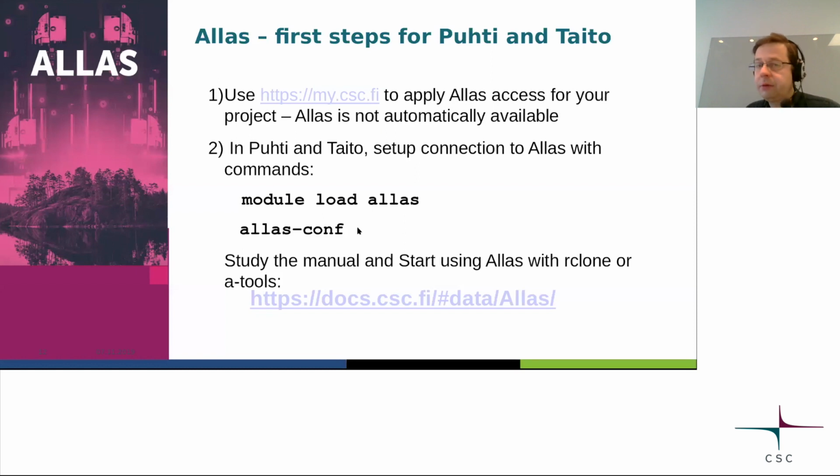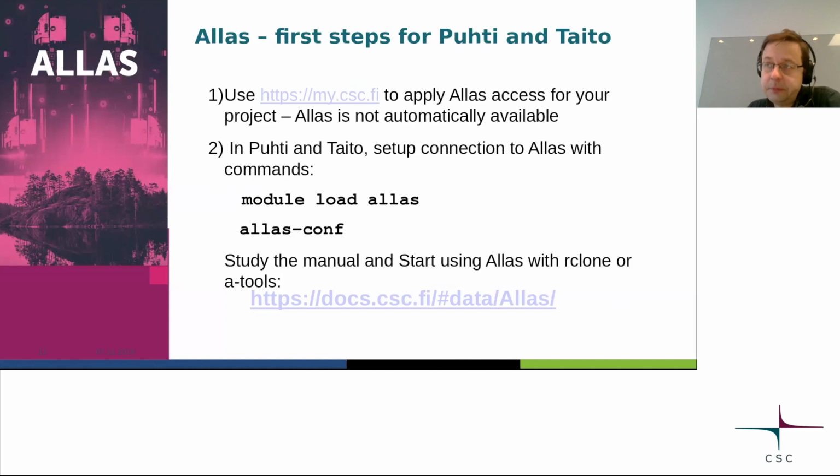The project that you are using in Taito or Puhti doesn't need to match the corresponding one in Allas. So even if you are working with data from project A in Puhti, you can still read or write this data to a project C, which doesn't need to have access to Puhti or Taito at all.